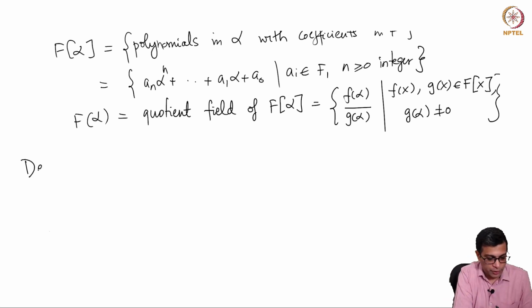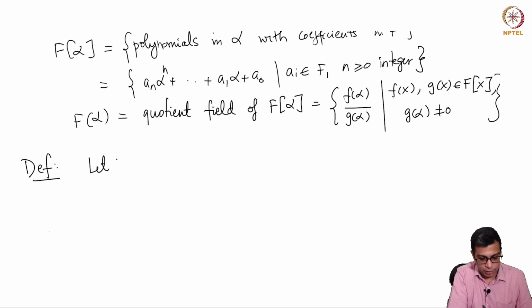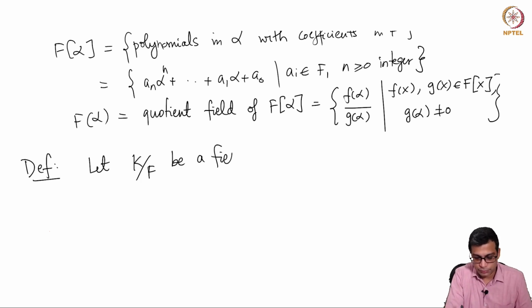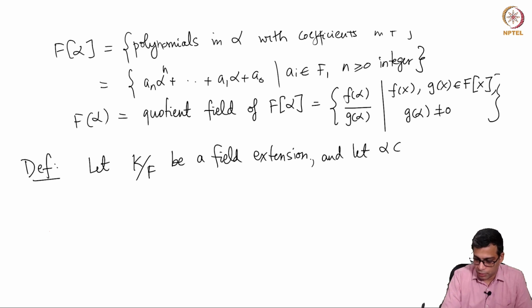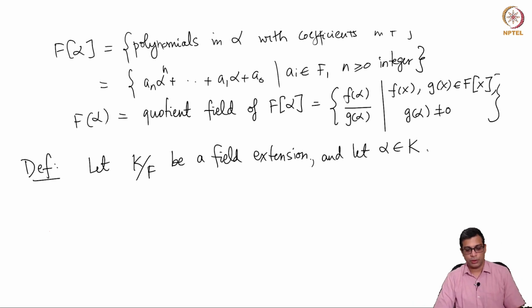Okay, now an important definition. So let again K over F be a field extension. Everything that you study in field theory starts with some statement like this. Let K over F be a field extension, because field theory is really a study of field extensions. And let alpha be in K. So you have an element in the bigger field.